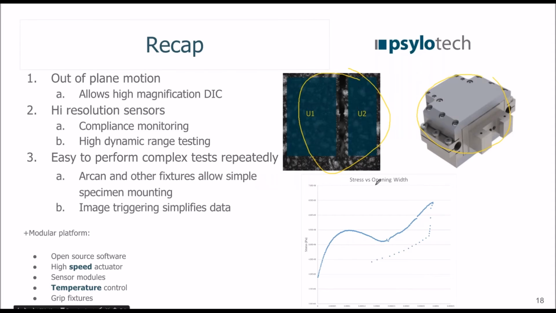We performed this test on numerous samples very easily and very repeatably by just dropping the specimen into the Arcan grips. And a few other features that we mentioned that didn't quite come up in this example: the open source software, high-speed actuator, and temperature controller, which is something we're just launching in Q4 of this year. We just shipped the first one not too long ago.